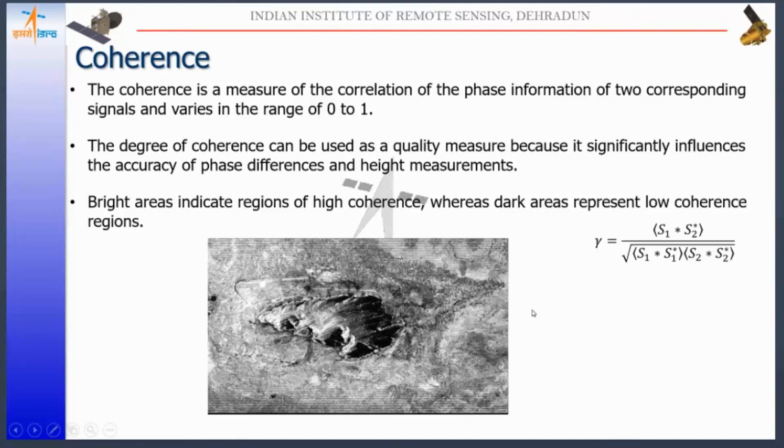In DEM derivation from InSAR, first we form the interferogram, then calculate how much coherence there is. If coherence is good, then we go ahead with our InSAR processing.